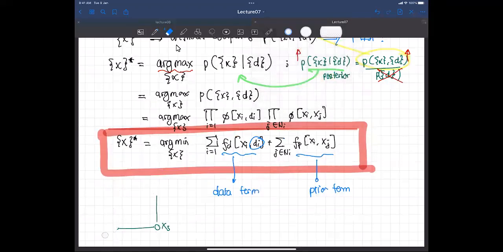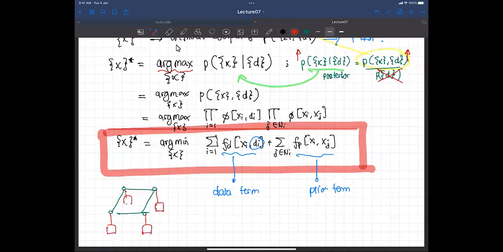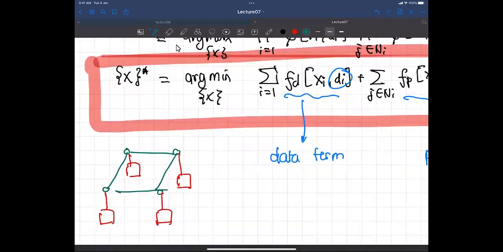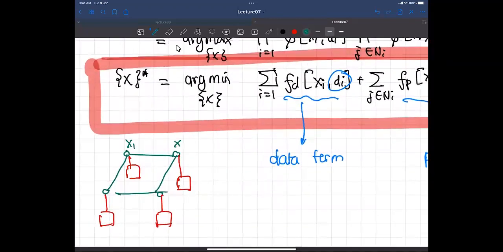Not only x, but now we have d, the observation. So I write in this way. All right, so then we have x1, x2, x3, x4, and then we have t1, t2, t3, t4.